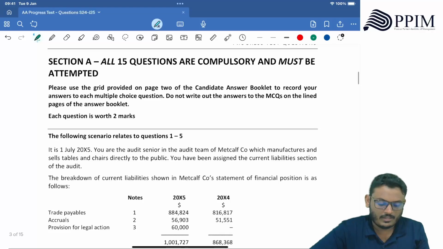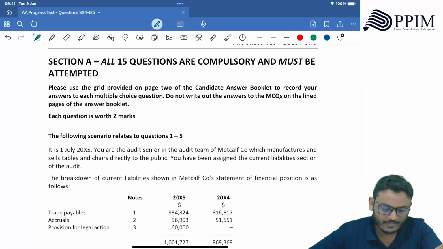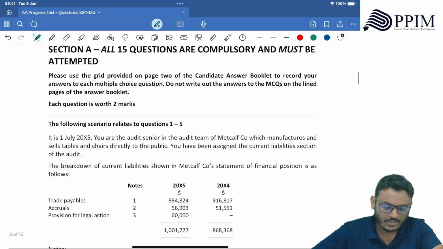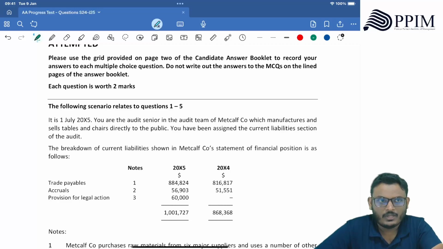This is procedure related question. Just read this question first.